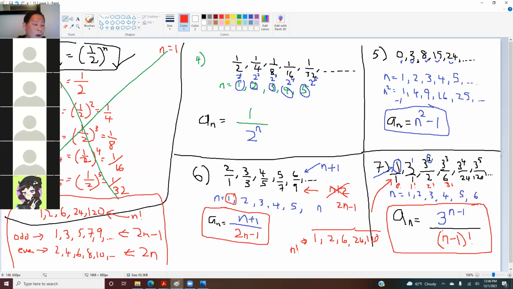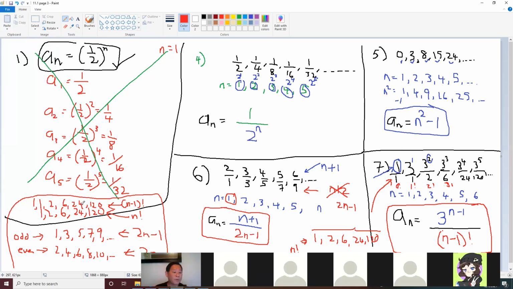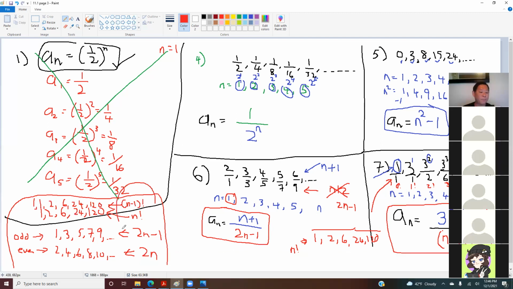So when you do sequences and series, you notice the pattern, right? Let's say 2, 4, 6, 8, 10, you know the pattern. But some patterns you are not familiar with, like this factorial pattern. So make sure you understand these patterns and how we represent them in n form. Anyone have any questions here?